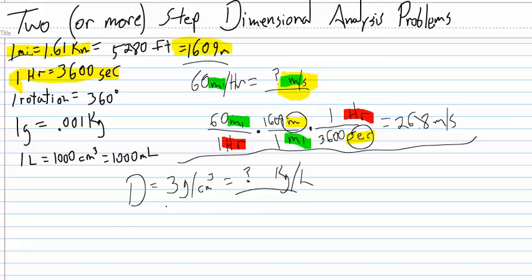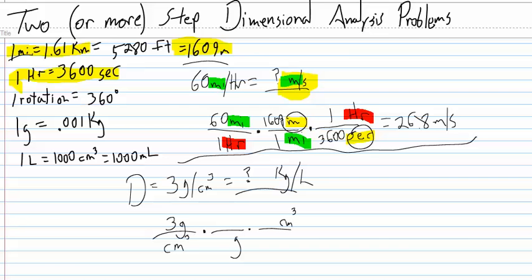Okay, so to do these problems, you always write down what you were given. So I was given 3 grams per cubic centimeter. What are these things? What is a cubic centimeter? To be honest, at this point, it doesn't matter. I would hope you know, but if you don't know, it's not really a big deal. So I want to get rid of grams, and I'm going to use one fraction for that. And I want to get rid of cubic centimeters. I'm going to use another fraction for that.